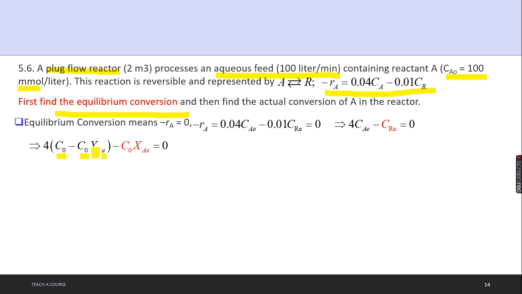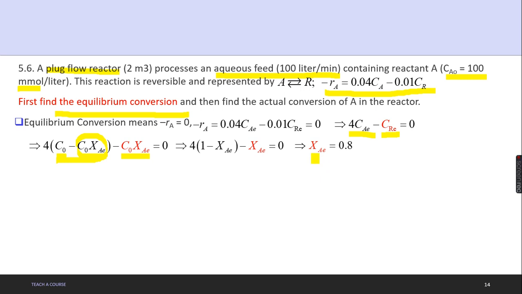C0 minus C0 XAE. So C0 is the total amount and this has been converted, so the remaining is essentially CAE. Now CRE, the equilibrium concentration of the compound R, is how much has been converted. The same amount has been converted to R, so C0 into XAE simply, and that leads to 4 into 1 minus XAE equal to XAE, and we can solve it.